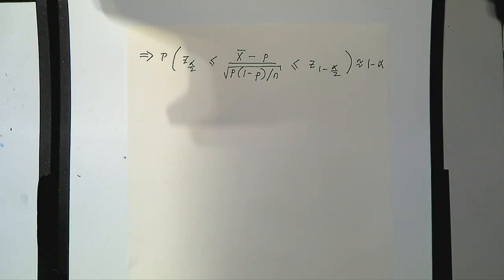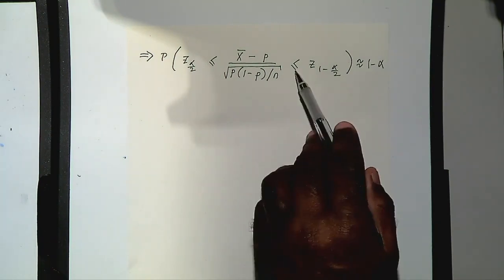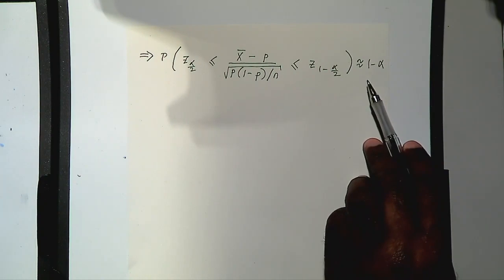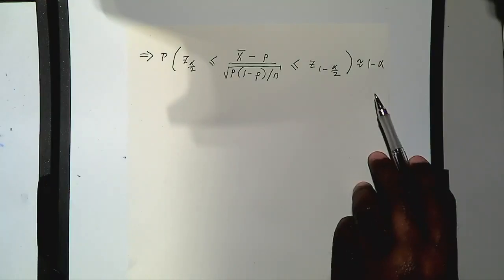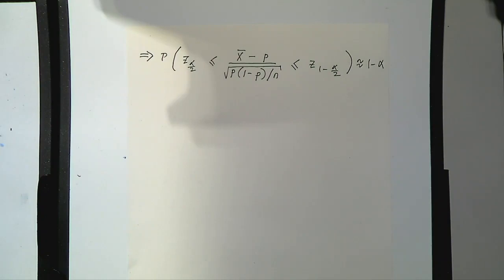This is z alpha by 2. This is z 1 minus alpha by 2. So the area between them is equal to 1 minus alpha. So this probability here is approximately equal to 1 minus alpha. The reason it is approximate is because we are assuming n is large enough so that the central limit theorem holds approximately, right?